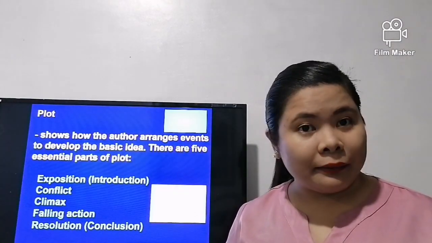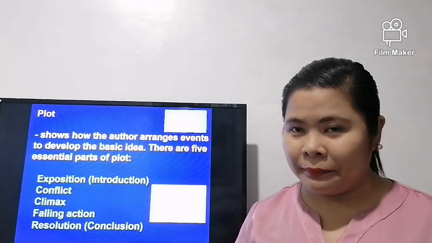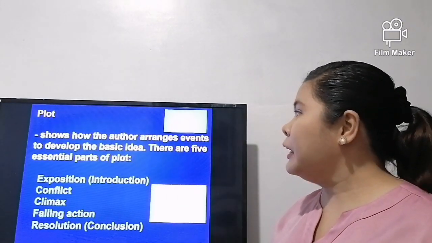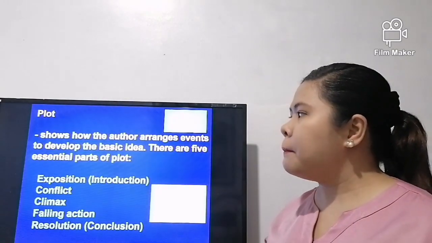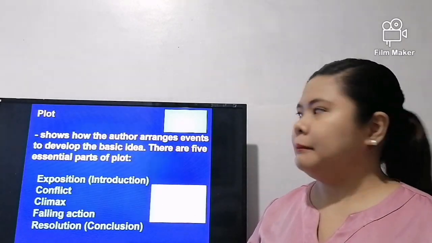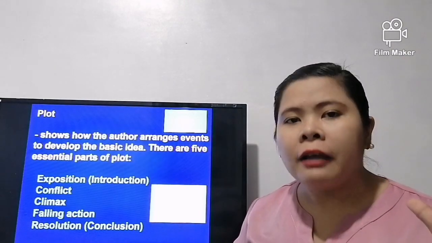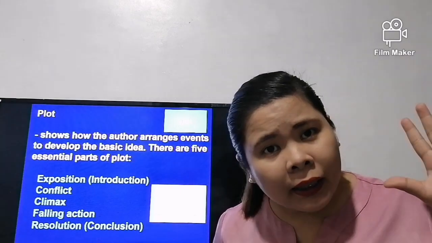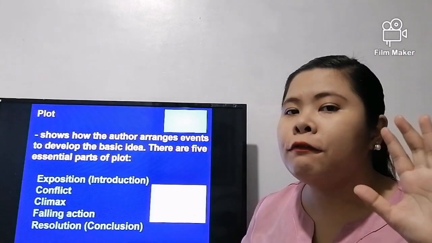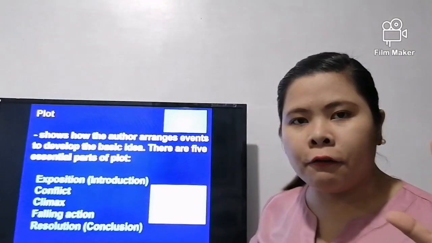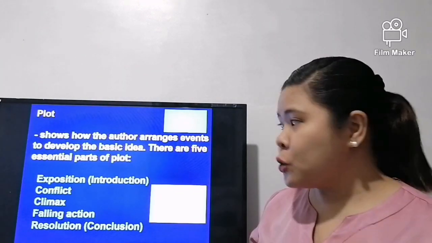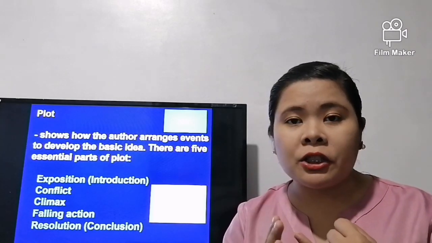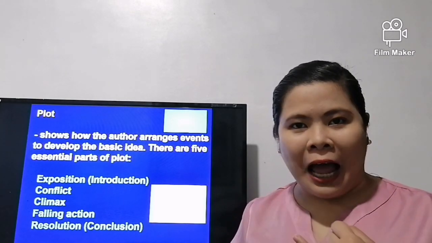How about plot? What does it mean? Plot shows how the author arranges events to develop the basic idea. There are 5 essential parts of plot. Again, how many? Very good. We have 5 essential parts of plot. The first one is exposition, another term for exposition is introduction.